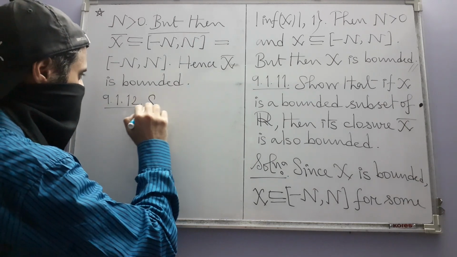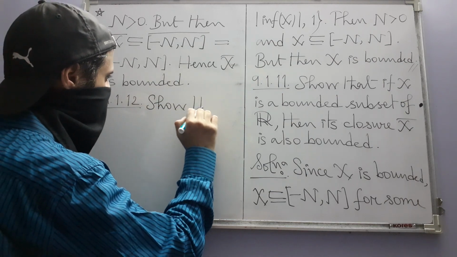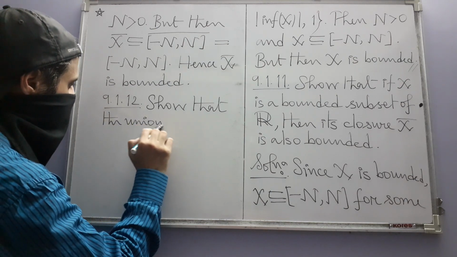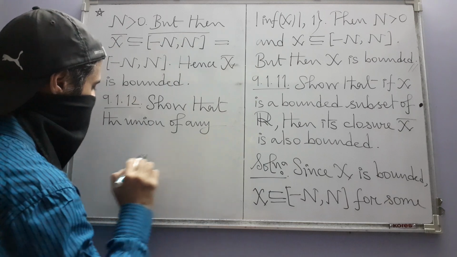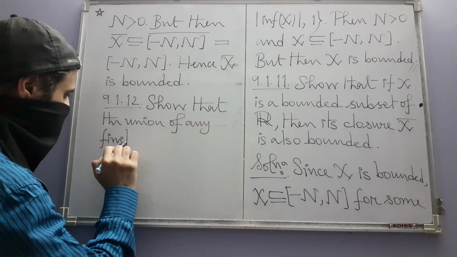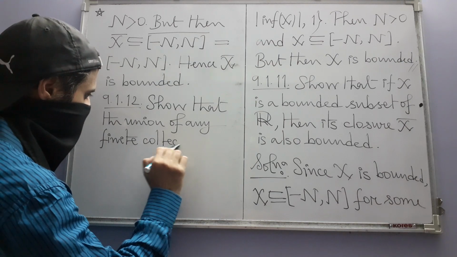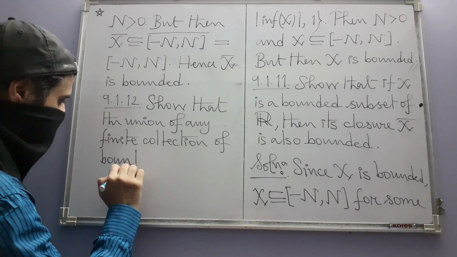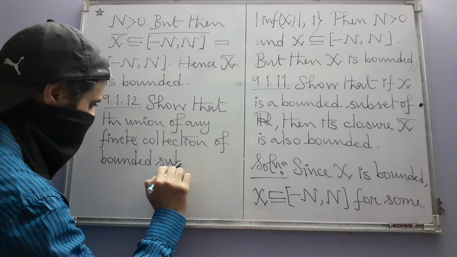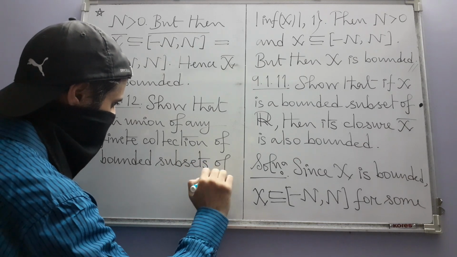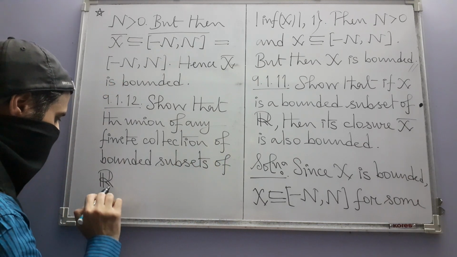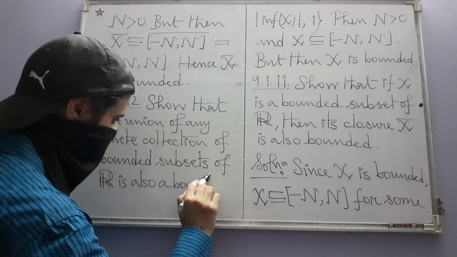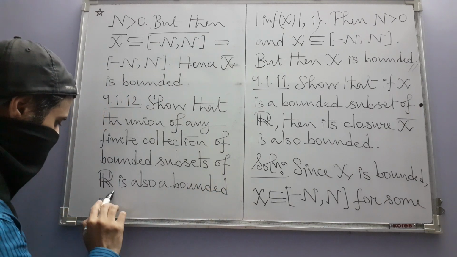Show that the union of any finite collection of bounded subsets of R is also a bounded subset of R.